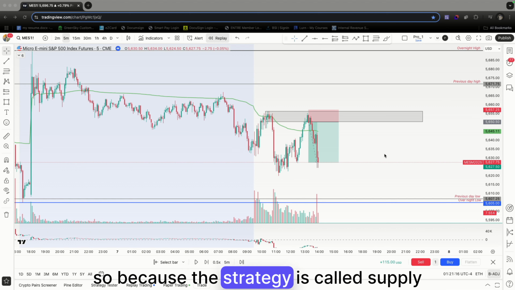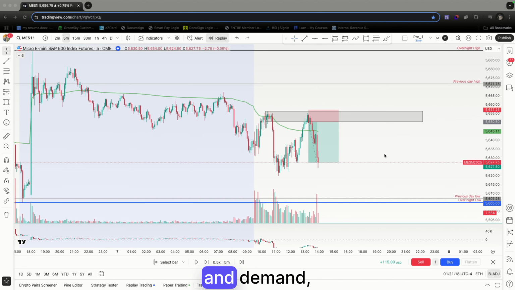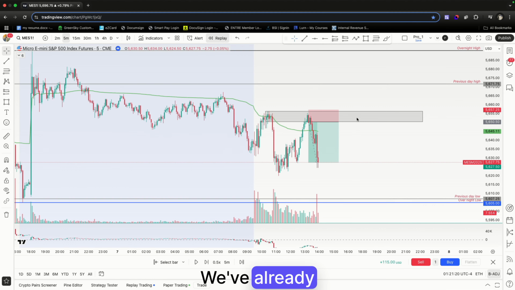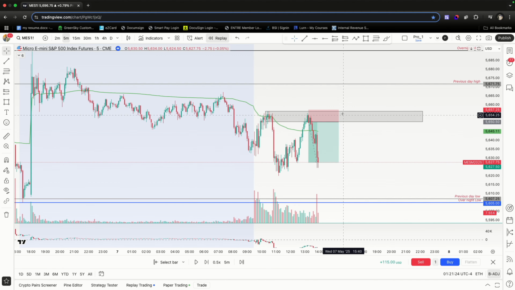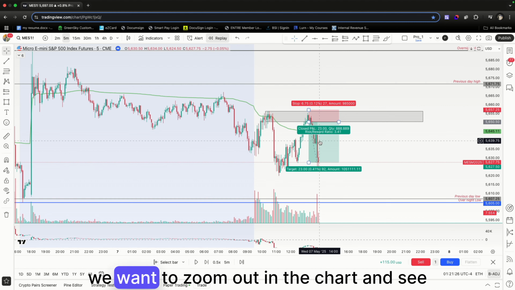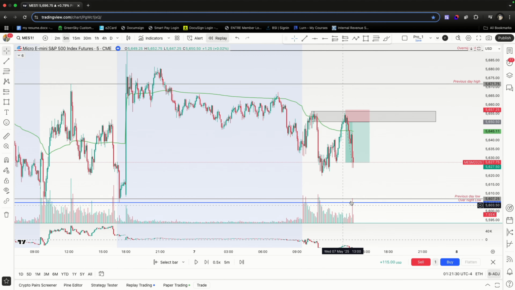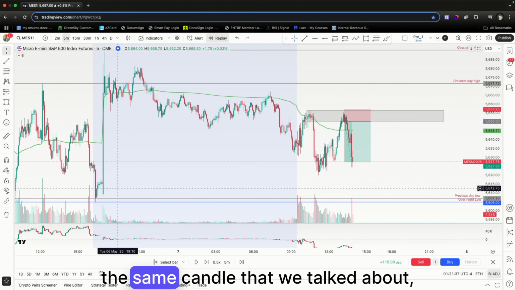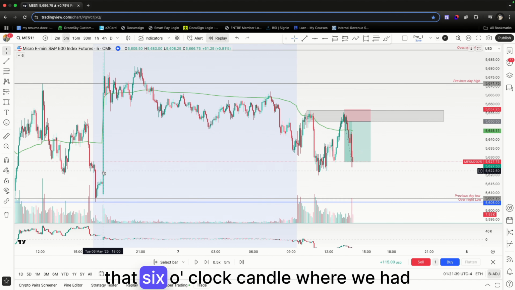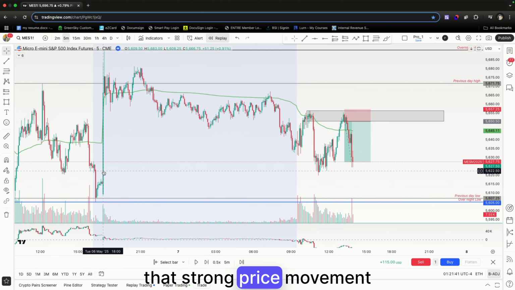So because the strategy is called supply and demand, right? We've already found supply right here. Now we want to zoom out in the chart and see if we can find some demand to trade down into. Cool. Quick and easy. I look into the chart, the same candle that we talked about, that 6 o'clock candle where we had that strong price movement.